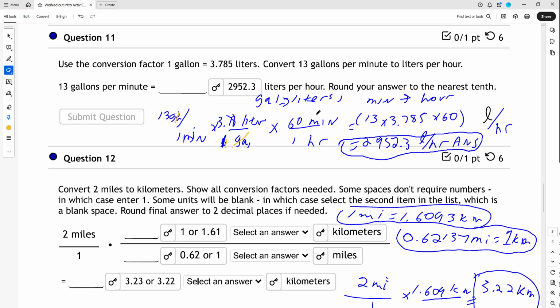And minutes cancel out. And I'm left with liters per hour. So I'm going to have 13 times 3.78 times 60 liters per hour. So I end up with 2,952.3 liters per hour for my answer.